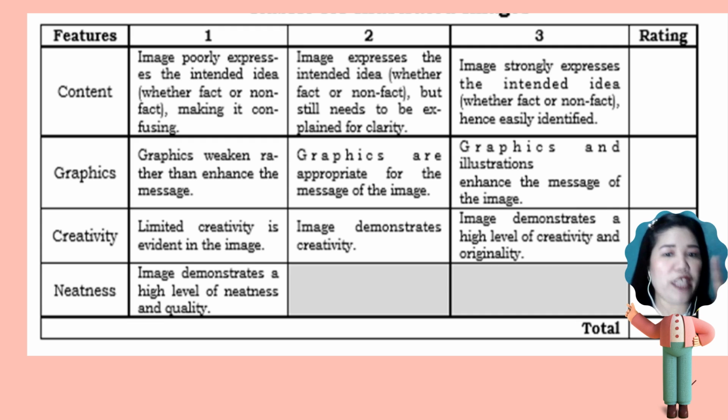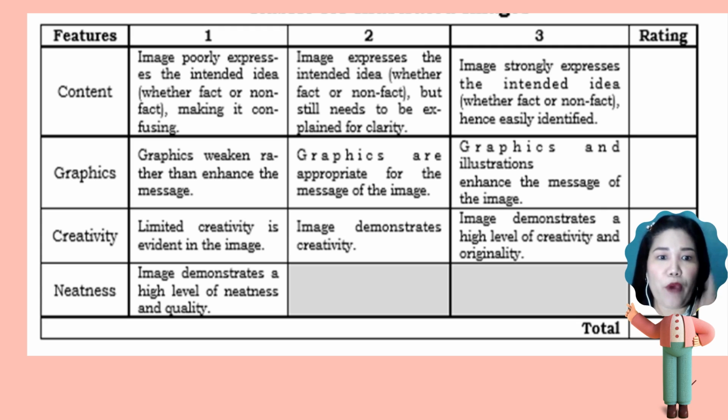But you will get 2 points if your image expresses the intended idea, whether fact or non-fact, but still needs to be explained for clarity. And you will get 3 points if your image strongly expresses the intended idea, whether fact or non-fact, hence easily identified.